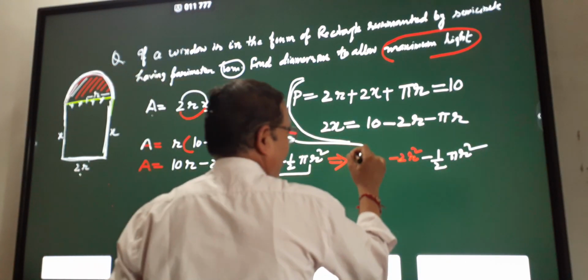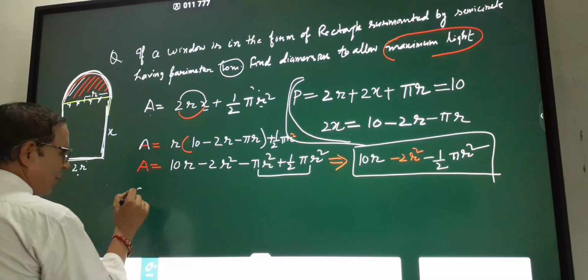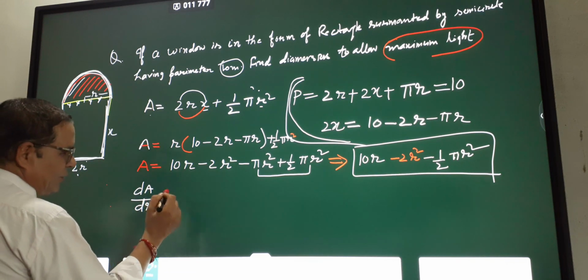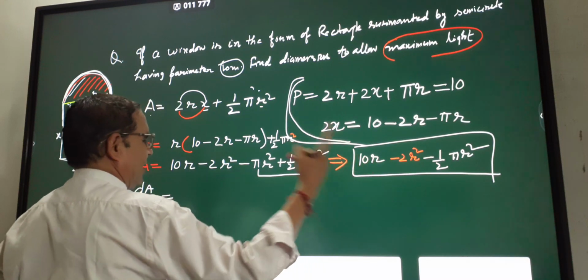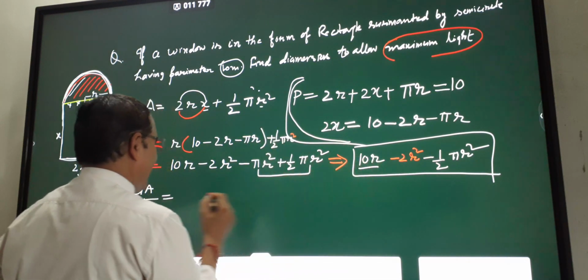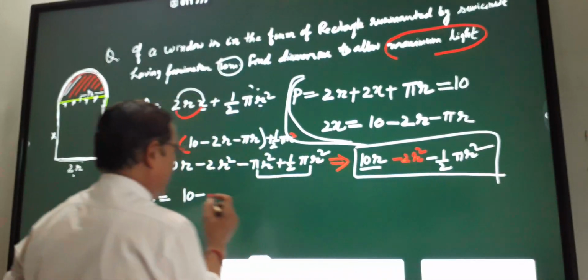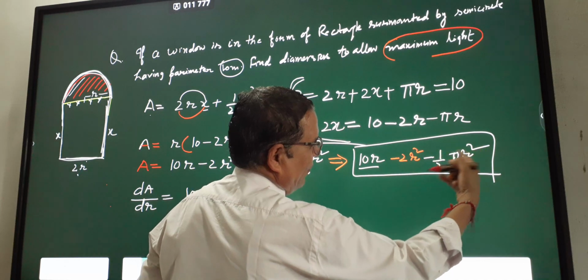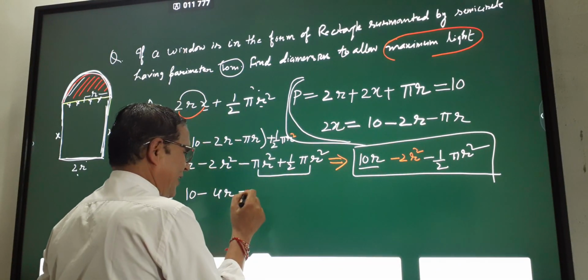So now we have to differentiate this. dA upon dr is equal to: with respect to r, the derivative of 10r is 10, minus the derivative of 2r square, which is 4r, and then minus half pi r square, whose derivative is half into 2 pi r, so the 2 cancels and finally it is pi r.